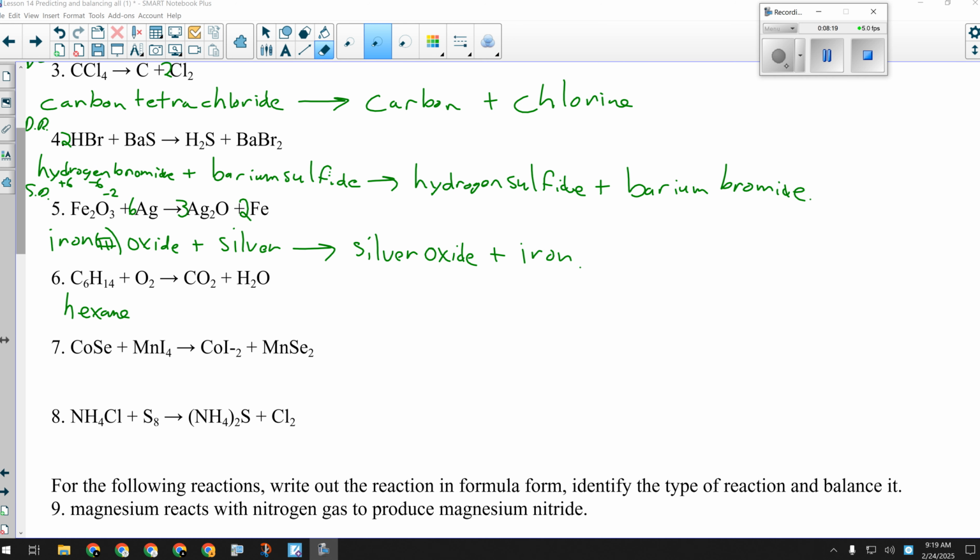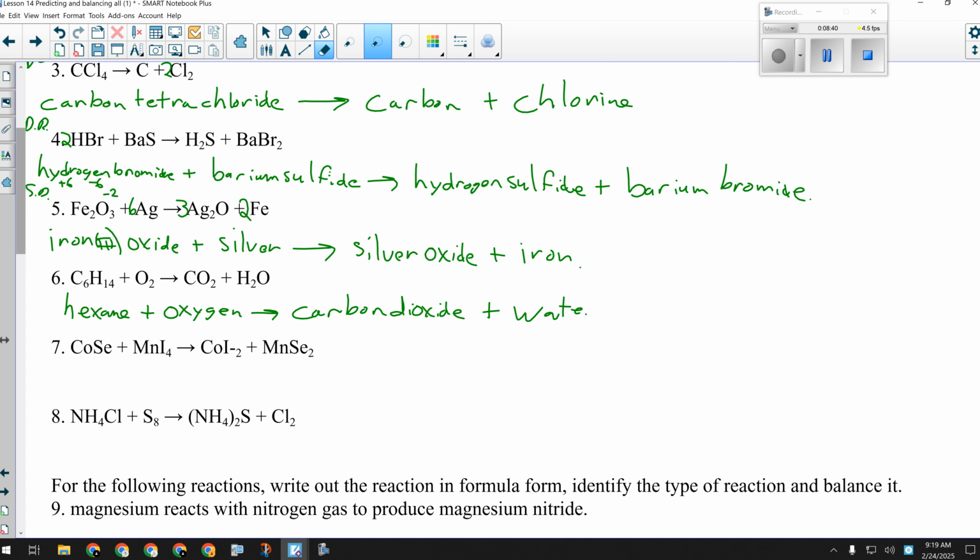All right, let's look at that number 6 there. We've got hexane, and it's reacting with oxygen. That's going to produce carbon dioxide and water.